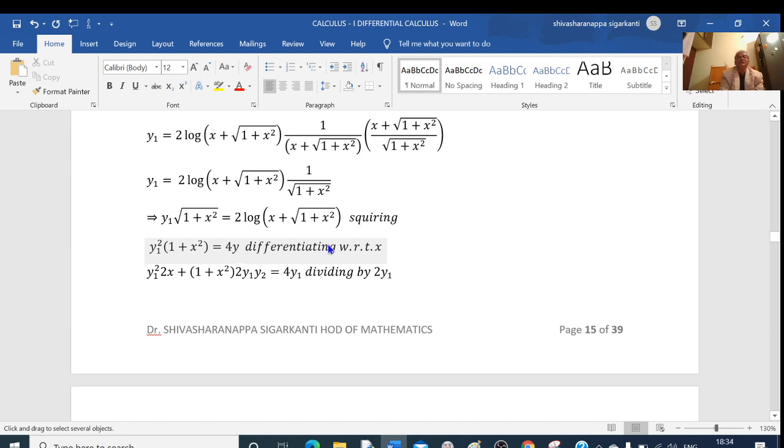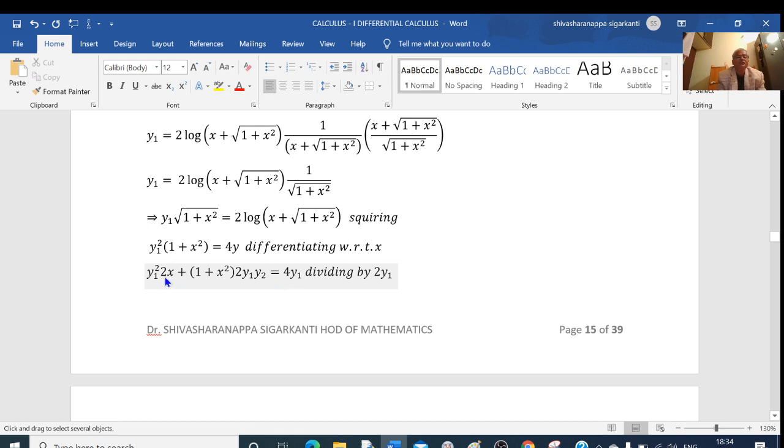Now differentiating this again with respect to x, on the left hand side I have to use the product rule. First function is y1 square into the derivative of 1 plus x square, which is 2x, plus the second function 1 plus x square into the derivative of y1 square, which is 2y1 into y2. This is the left hand side derivative, equal to, on the right hand side, 4 constant as it is, derivative of y is y1.